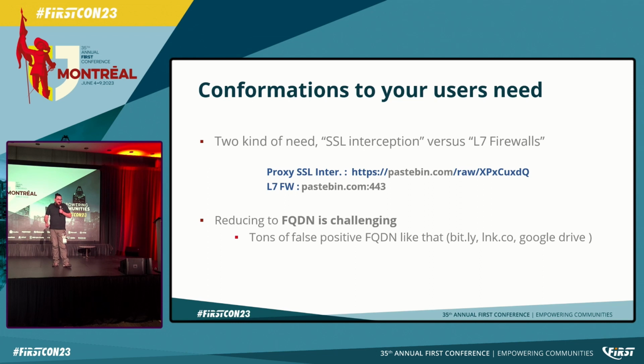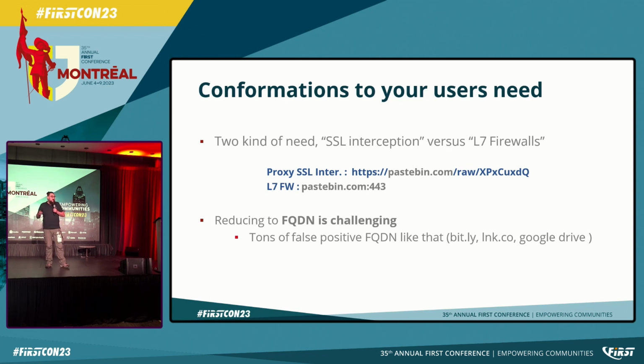The other problem is that we have 45 customers. Some have proxies, some have proxies with SSL interception, some have only layer 7 firewall. So in this case, again, you have issues. If I take the first example, pastebin/raw/some strange random string, if you have a proxy with SSL interception, of course, you are able to match pastebin and the full URL.